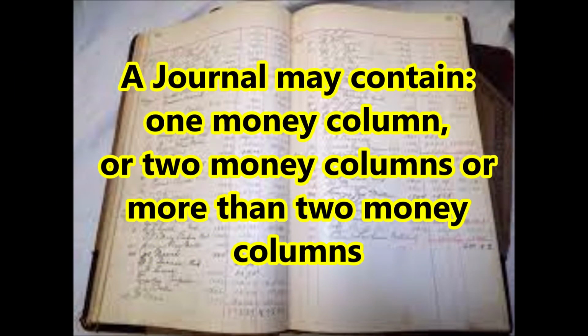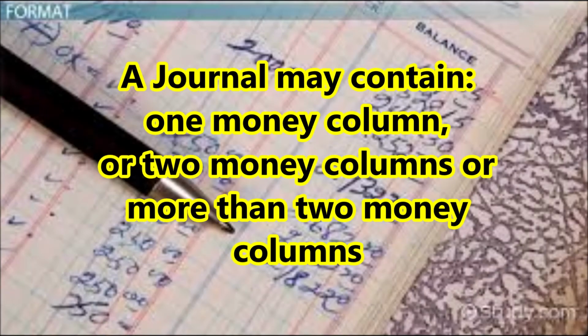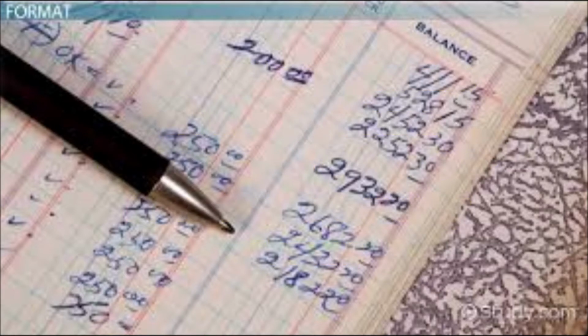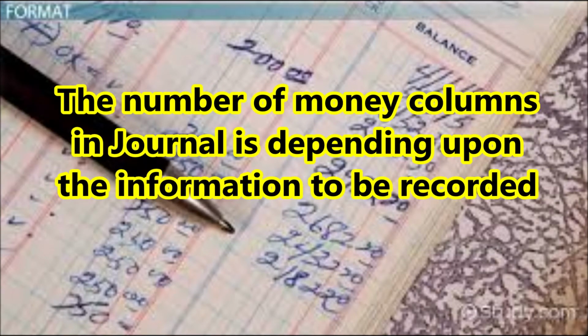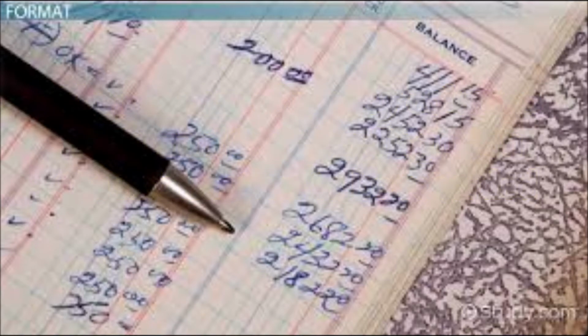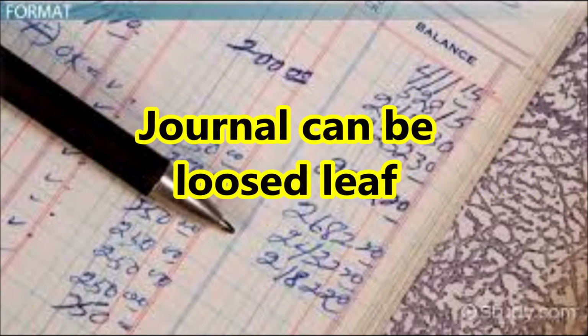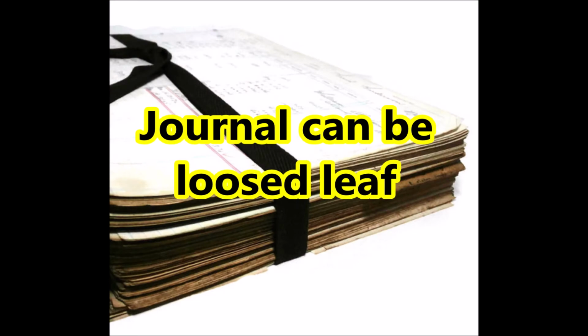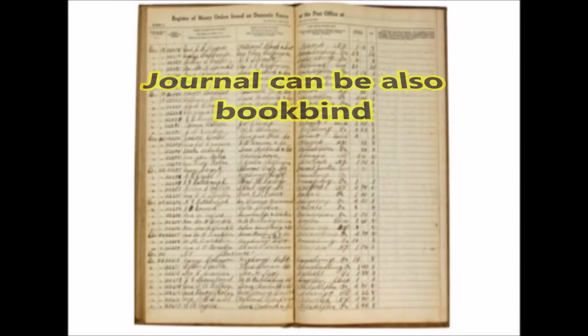A journal record may contain only one money column, or two money columns, or more than two money columns. The number of money columns in any journal is dependent upon the information to be recorded therein. Journals may be loose-leaf or can be book-bound.